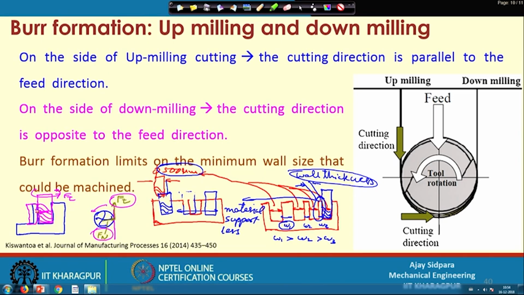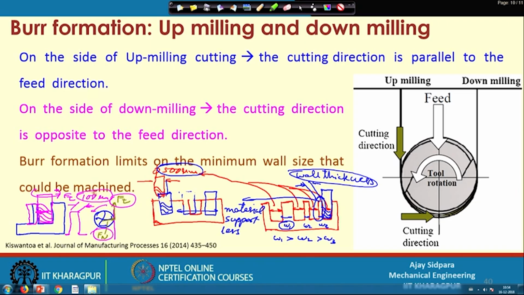Because of the bending, what is going to happen? You are not able to cut the width of this channel appropriately, because suppose your requirement, consider this was 500 micron, let us consider 100 micron is the wall thickness which you want to cut at the last one. But because of this bending, what is going to happen?